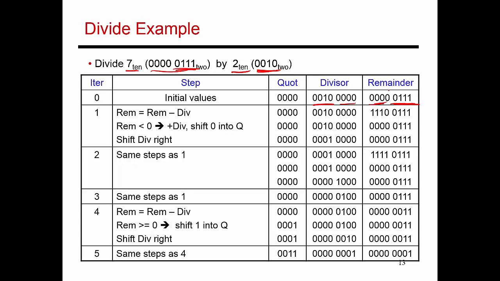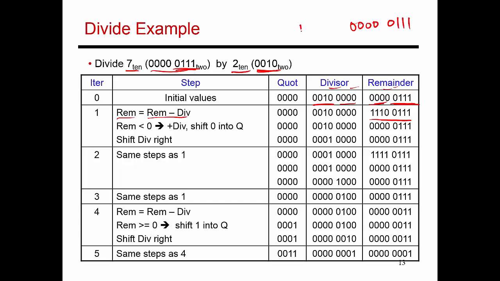The goal is always to compare the divisor and the remainder. The way you compare these two is by subtracting the divisor from the remainder. So the very first step I do is remainder minus divisor. I check to see if this value is greater than 0 or less than 0. Once I do that subtraction, the result gets placed here. My remainder register, or dividend register, was 4 zeros followed by 0, 1, 1, 1.